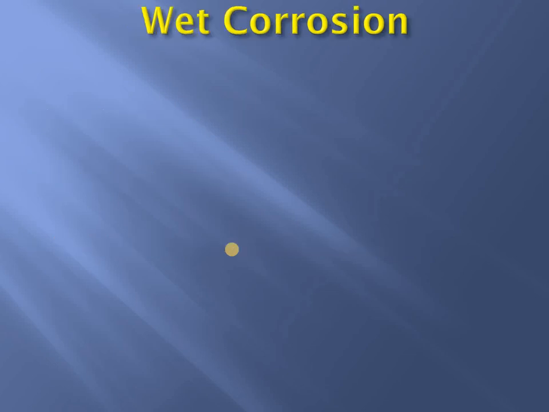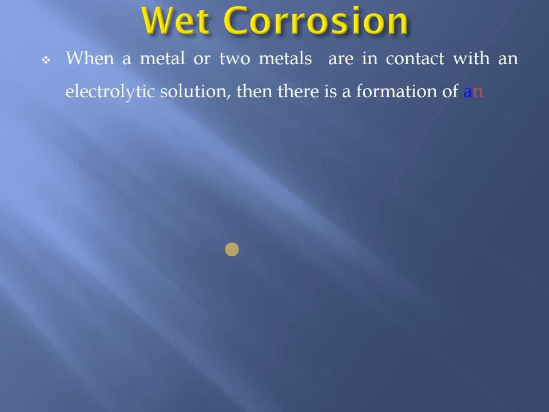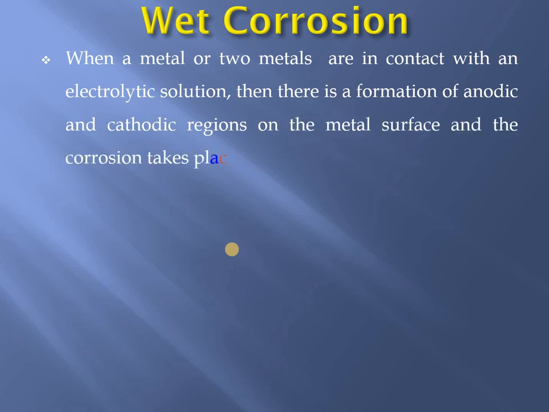Now what is wet corrosion? The word itself tells us that the corrosion occurs in the presence of aqueous conditions or a high amount of moisture. So when a metal or two different metals are in contact with each other and further they are in contact with an electrolytic solution, then there is a formation of anodic and cathodic regions on the metal surface and the corrosion occurs.